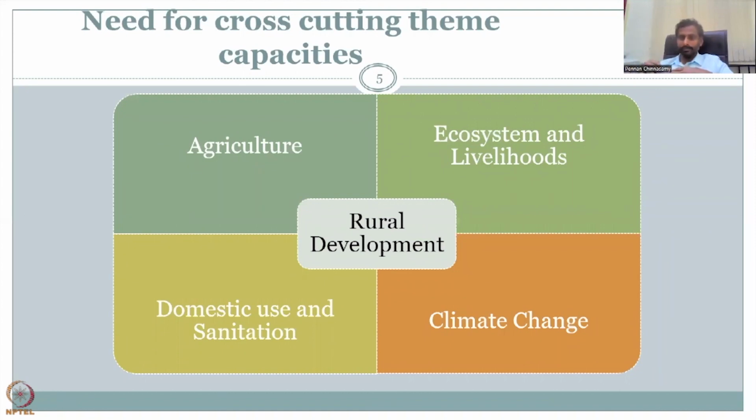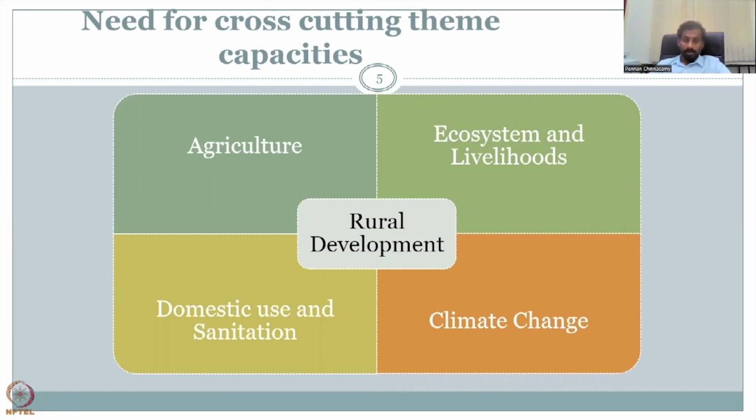All these are themes by itself. So agriculture is one theme, ecosystem livelihood is one thing, domestic is one thing, and climate change is a separate theme. But for rural development, all have to come together.